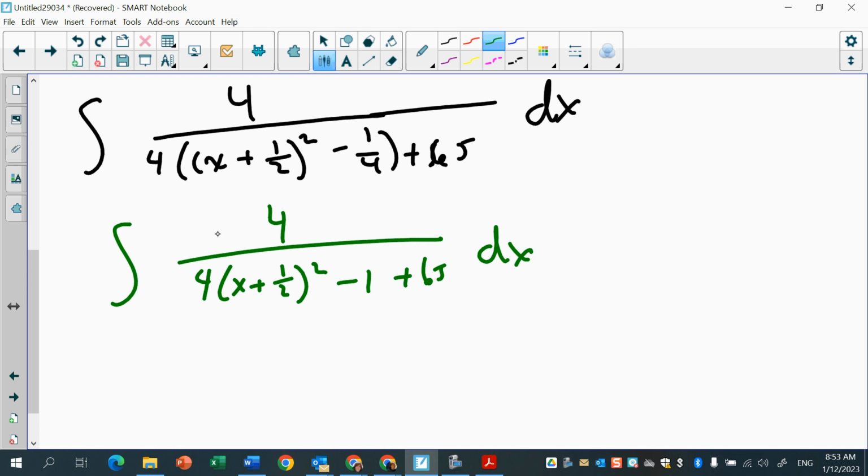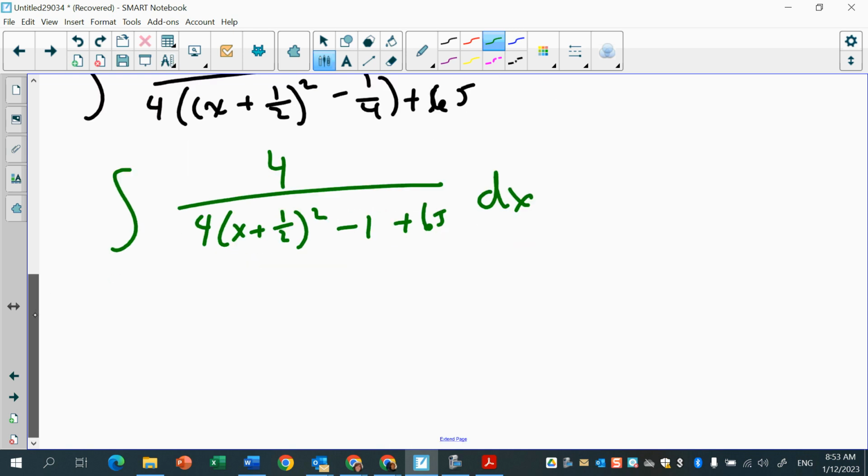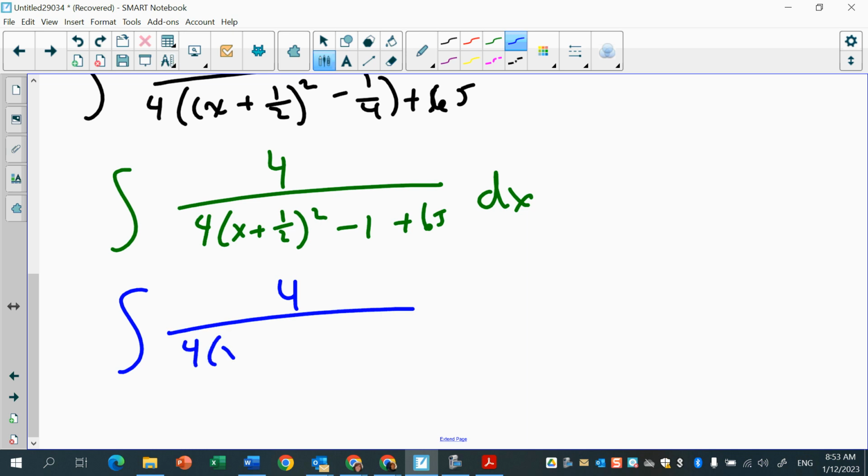Notice I've distributed this 4 to the parentheses and to the 1/4. I can combine those terms. So now I have 4 over 4 parentheses x plus 1/2 quantity squared plus 64.